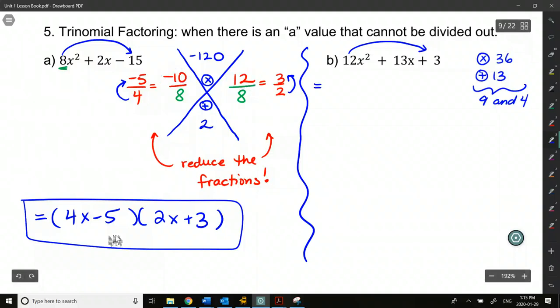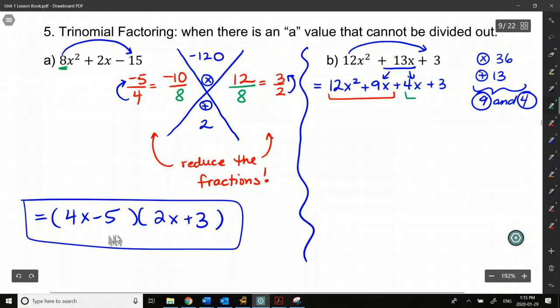And then probably how a lot of you guys were taught was you take this term and you're going to split it up into 9x and 4x. So it'll be plus 9x plus 4x plus 3. And then we turn it into FOIL. Right? And then we do the grouping that we did above. So we do group 1, group 2, and we common factor from each.